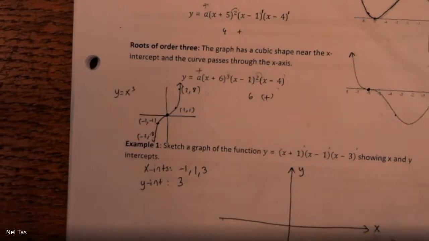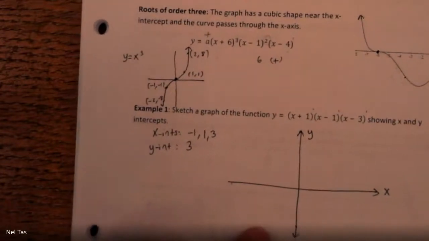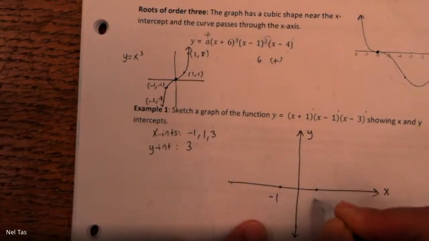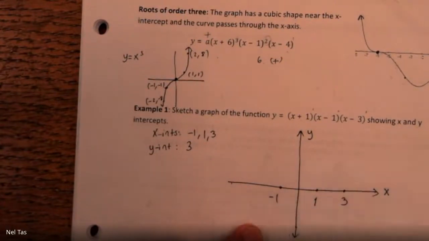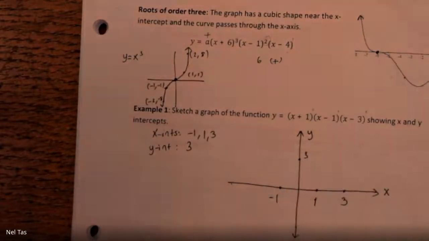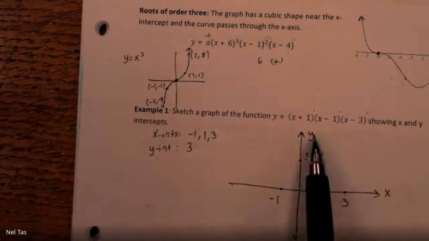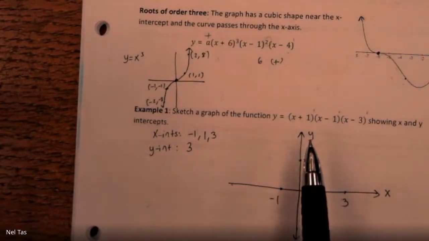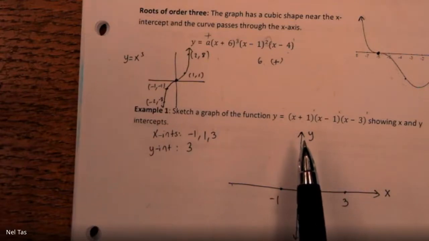Y, x. All right. So negative 1, positive 1, and positive 3. We also put the y-intercept, 3. Now we're going to sketch, but we need to also decide if it is an odd or even function and if the leading coefficient is positive or negative.